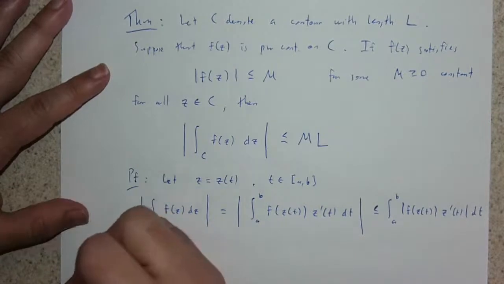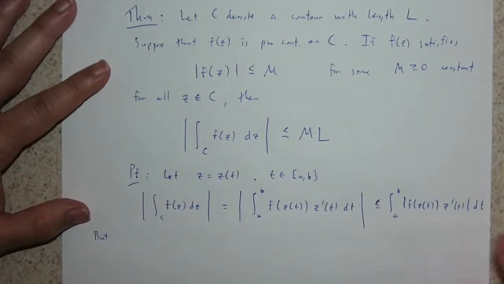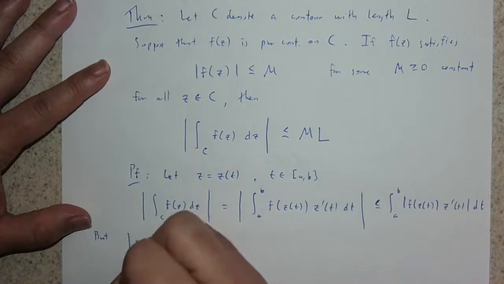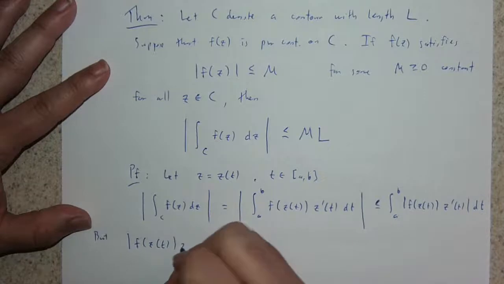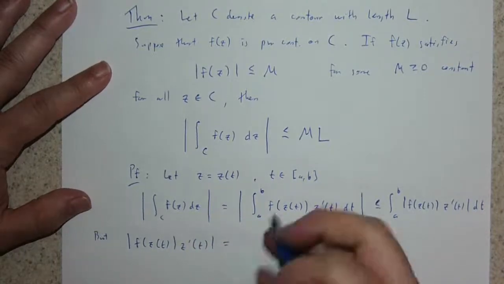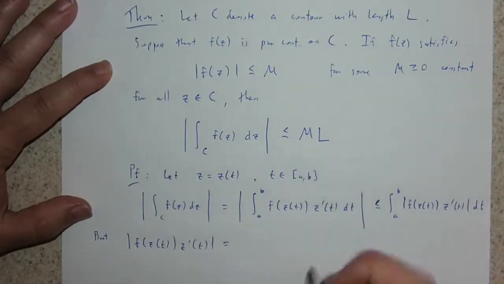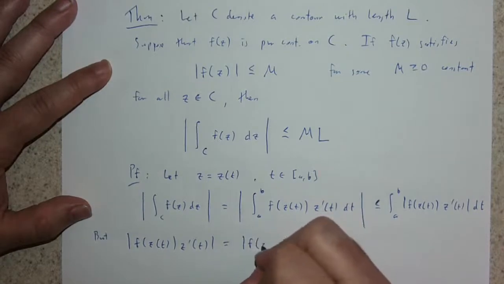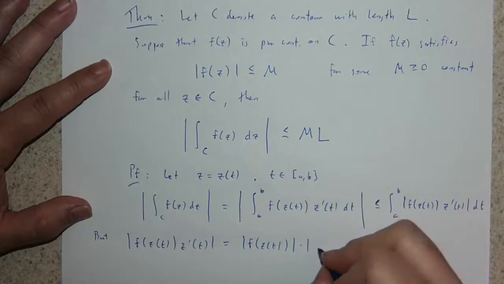But we have the following. If I look at the modulus of this integrand in the definition for contour integral, this is the same as the modulus of f of z of t times the modulus of z prime of t.